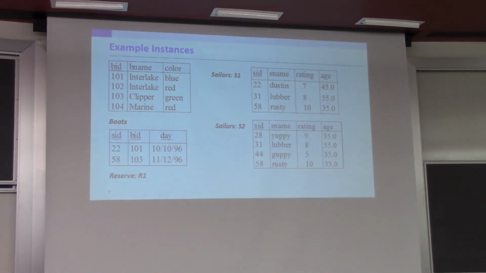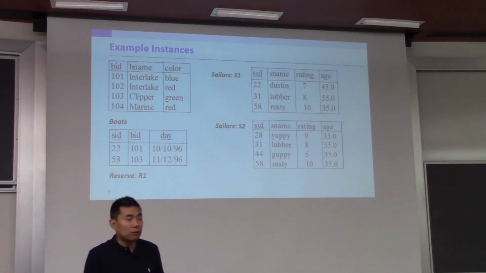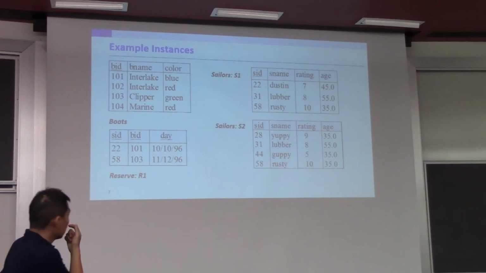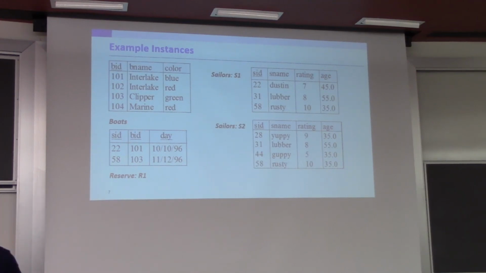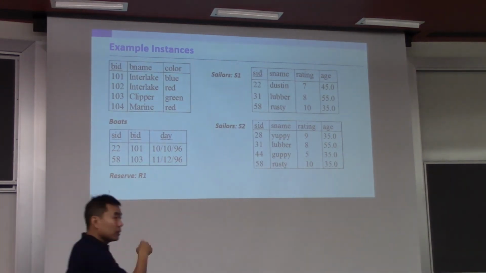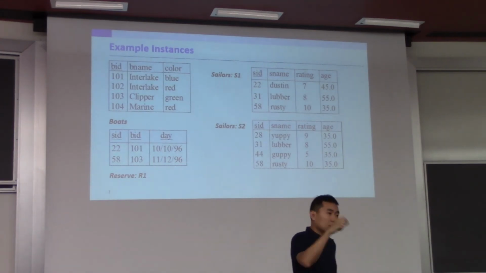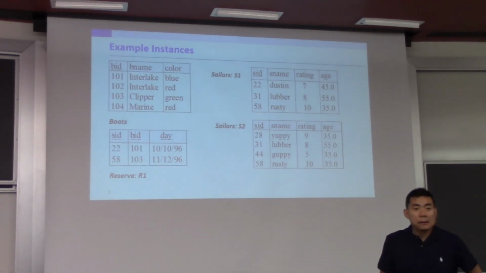So let me introduce the example. I'm going to use this sailors club example. I have boats, reserves, and sailors. For sailors, I have the same schema, but two slightly different instances of it. Basically this database shows which sailor reserved which boat at a sailor club.